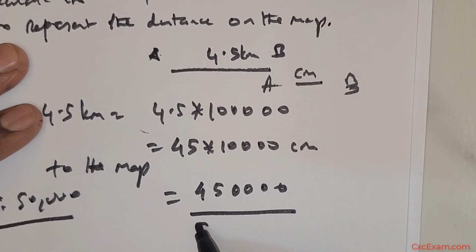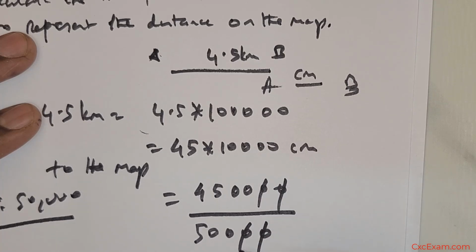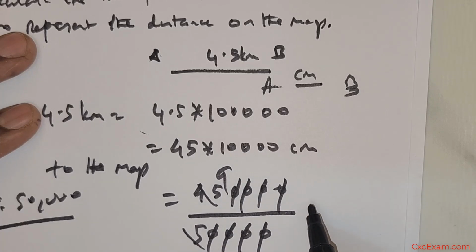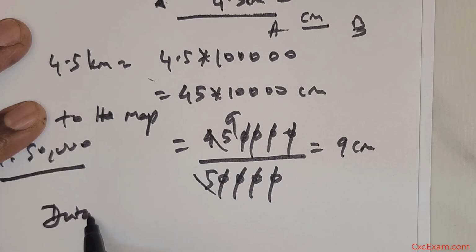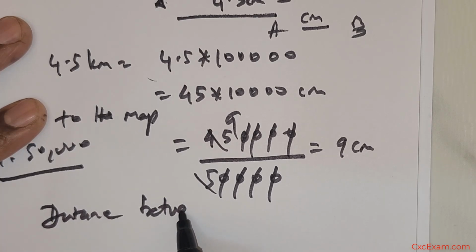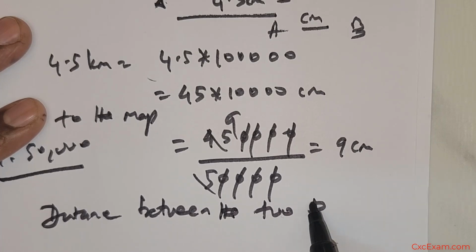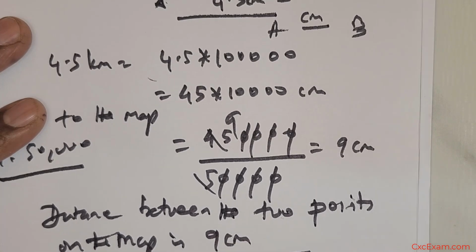So you divide by 50,000. The zeros go away. That's 9. So 9 cm. So the distance between the 2 points on the map is 9 cm. So that's the solution to this question.